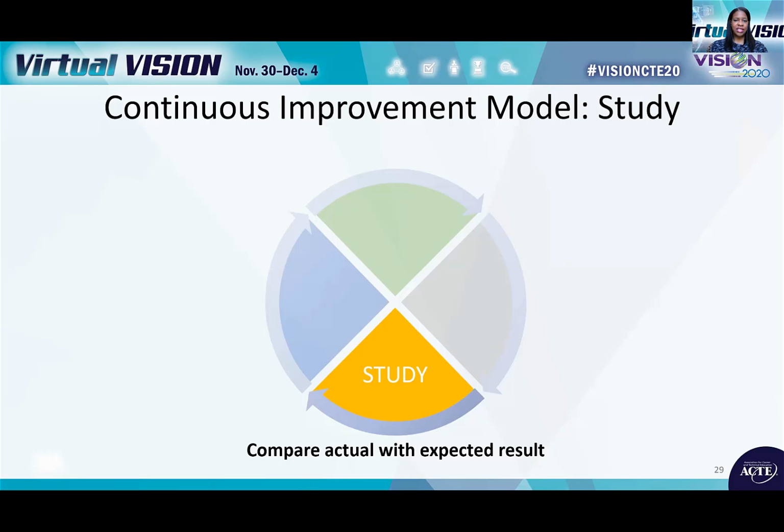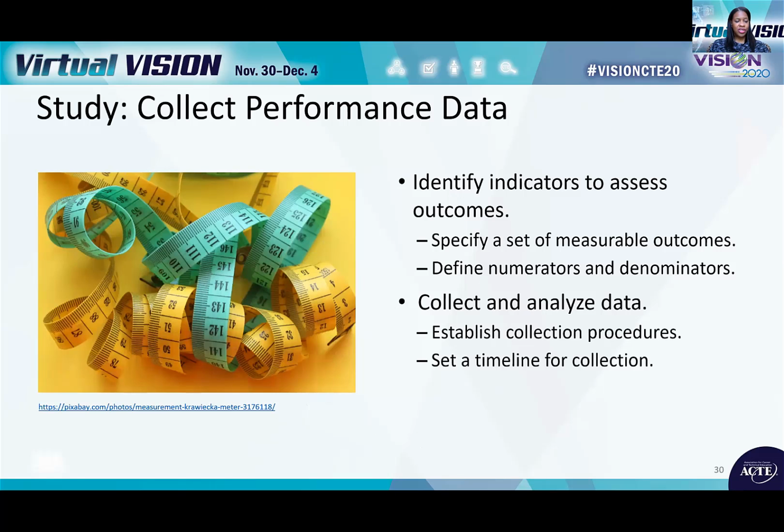So under study, here you are tracking progress. So you're looking at indicators over time. You are seeing if what you have put in place as action steps have shown growth. You are setting outcomes, measurable outcomes, so that you know what it is that you are evaluating.